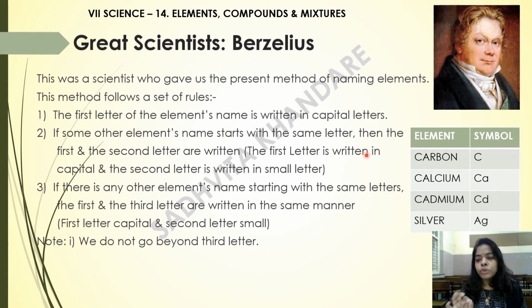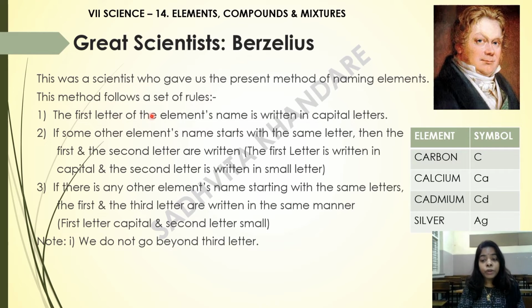Like if you want to show copper, you will write C in a circle. If you want to show sulfur, you will write a plus in a circle. But later on, when a lot of elements were discovered, it was difficult to give them symbols. So it was very important that we find a shortcut. We should be writing the short forms of those elements. At that time, Berzelius helped us a lot.